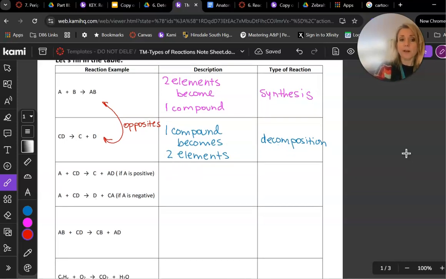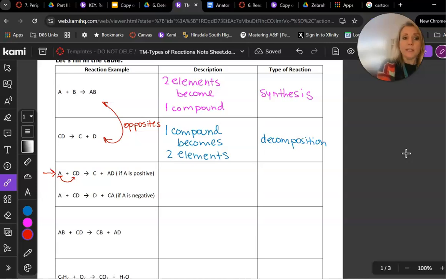In our next one, which I'm just going to put a red arrow by, the top one, what's going to happen here is that A is a metal and it is going to replace C, which is the cation or the metal in the compound here. So if A is a metal, it replaces the metal.